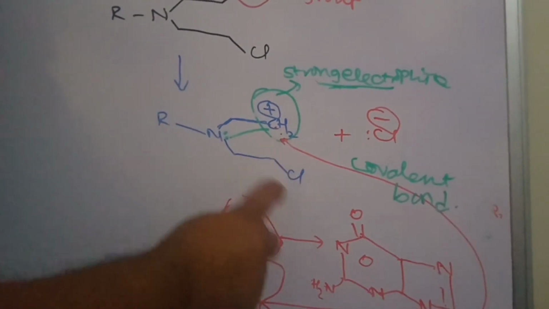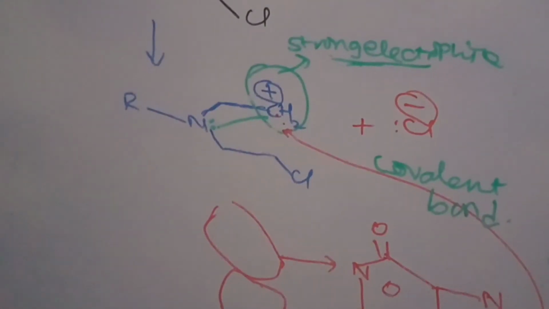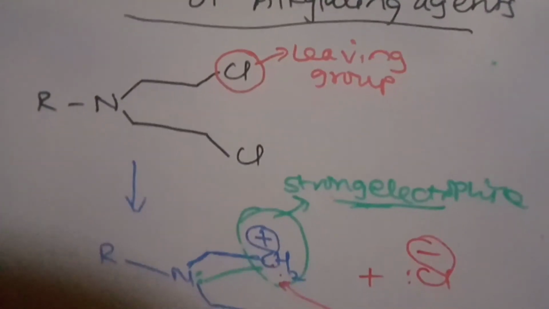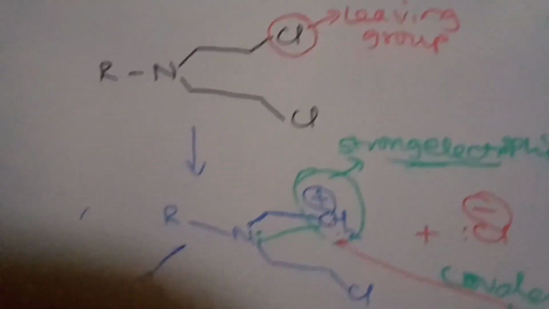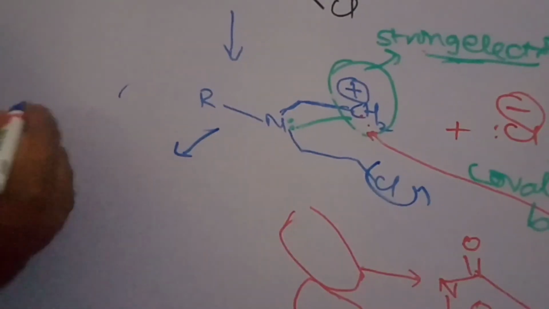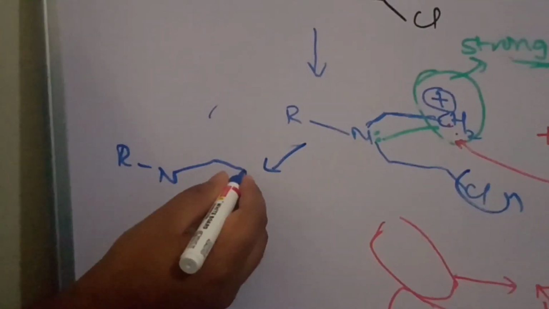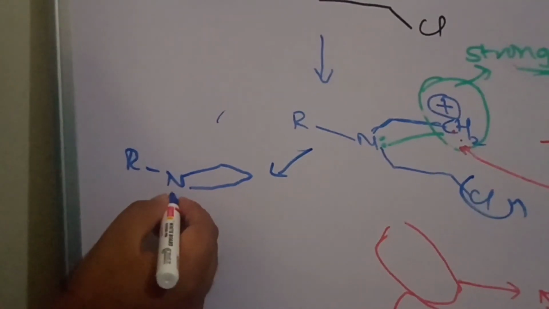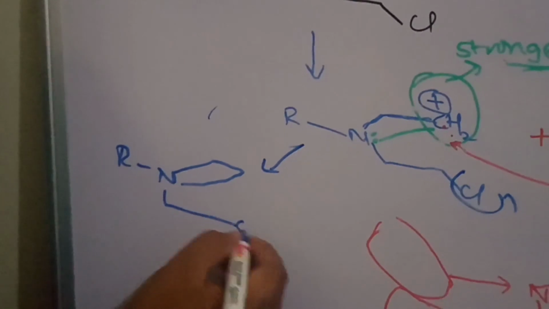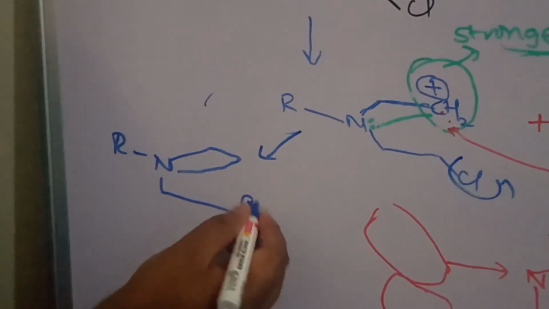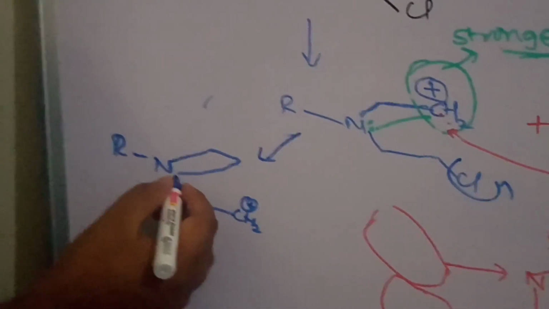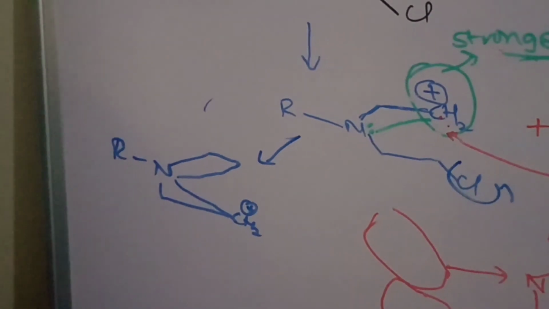Similarly, this chlorine also goes and the process will continue. In the other way also it is the same. This chlorine also leaves and that chlorine also leaves and forms the same as this. Again another carbocation is formed, and again it will go and bind here.